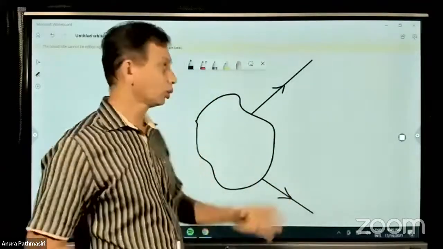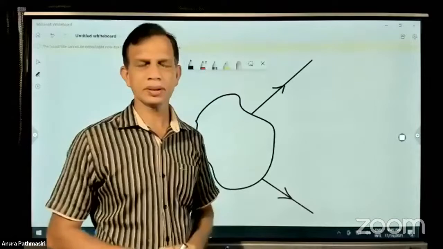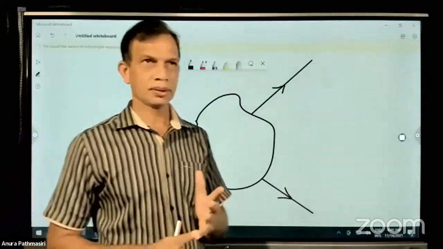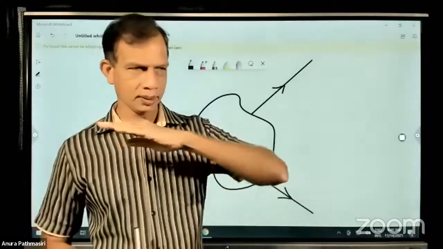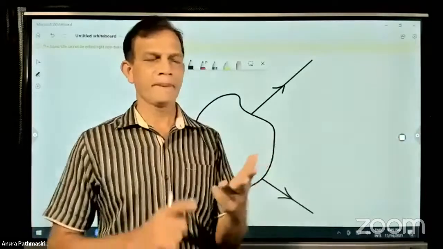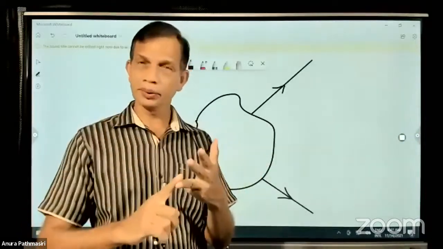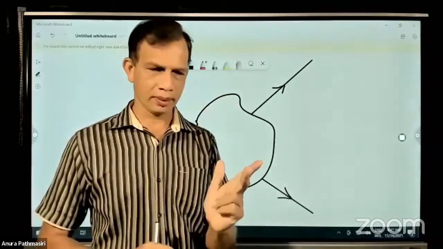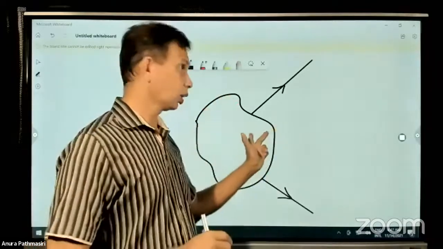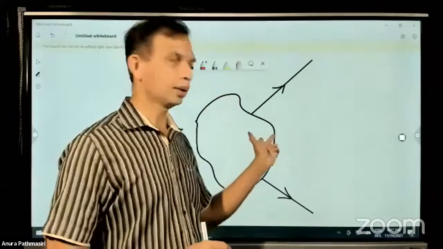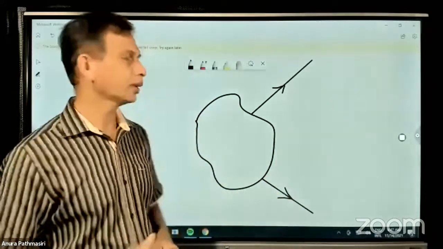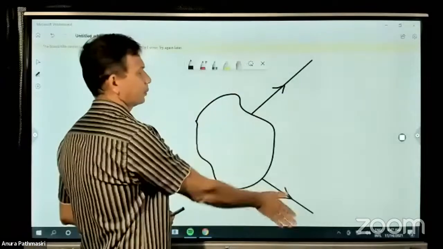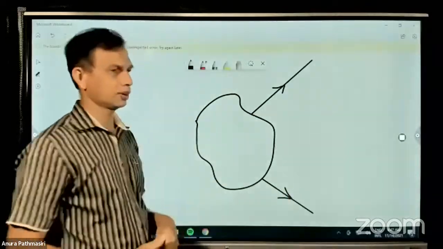We are discussing all the coplanar forces, whether it is collinear force, applying in the same line of action, parallel forces, or non-parallel forces. So we call them coplanar, that means acting in the same plane.